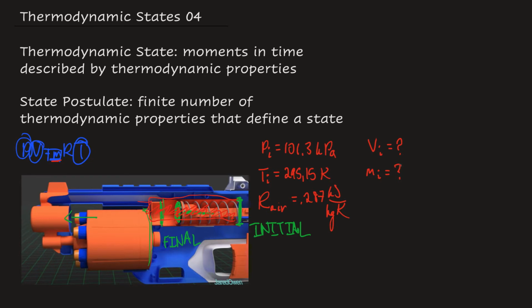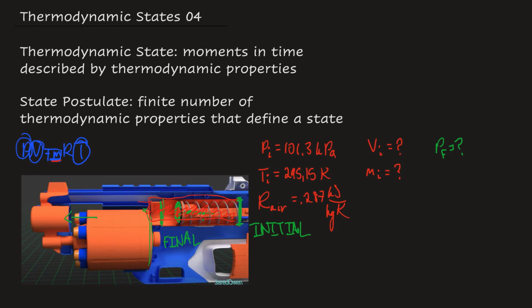Now we can think about what the final state will look like in comparison to the initial state. In the final state, this piston has compressed the air, so we're expecting a different volume. We don't really know what the final pressure is, so we're still unsure about that. The final temperature, we'll assume is actually just room temperature.